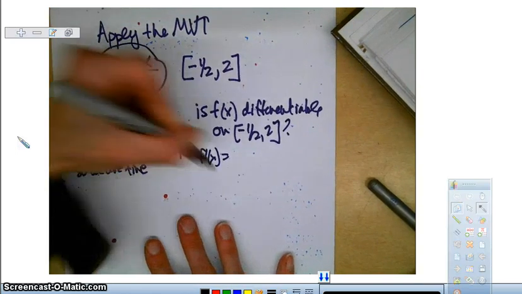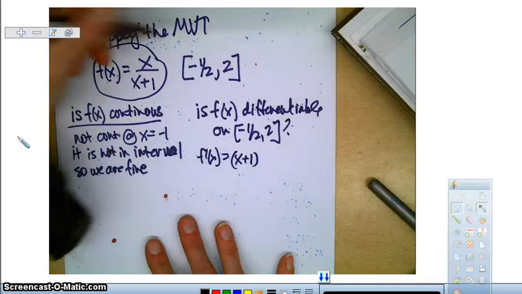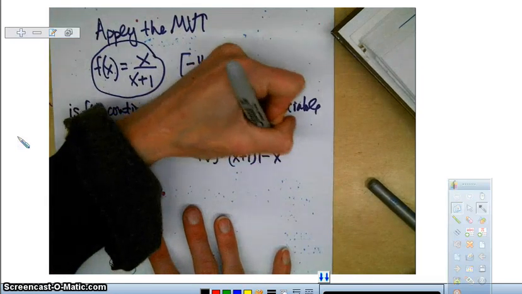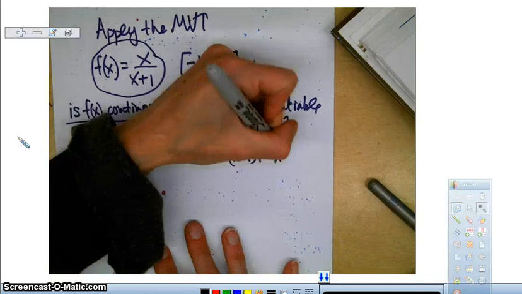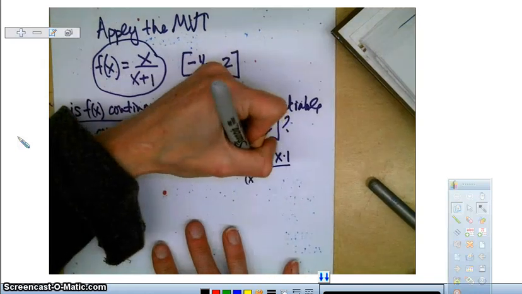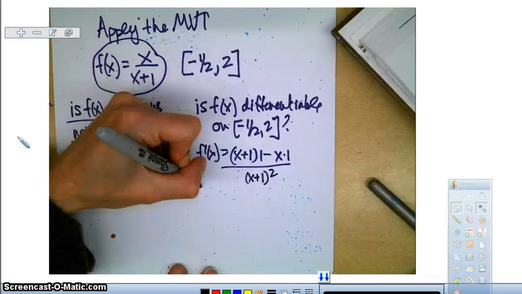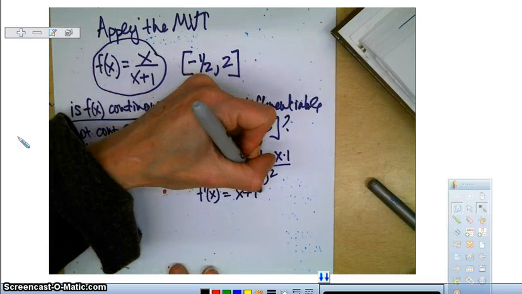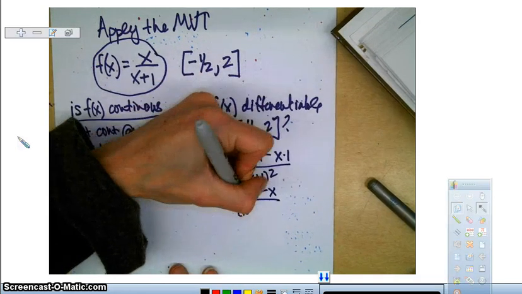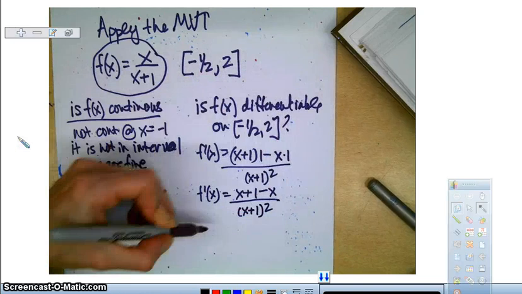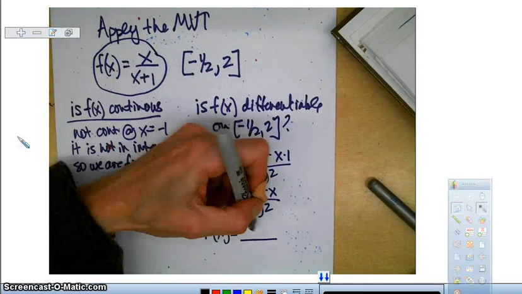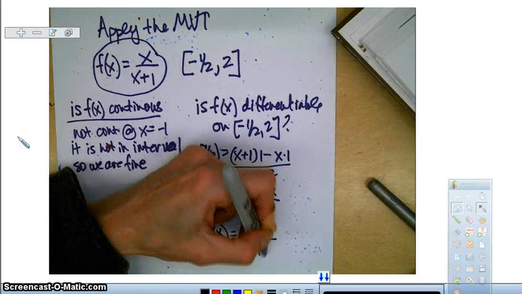Quotient. So x plus 1, the bottom times, what's the derivative of the top? 1. Minus the top times the derivative of the bottom, which is 1 again, all over the bottom squared. So on the top is basically just x plus 1 minus x. So what's my derivative? What's on top? 1 over x plus 1 squared.